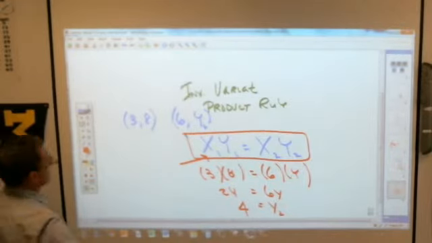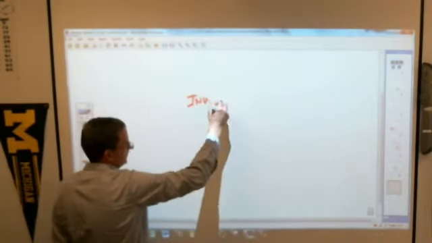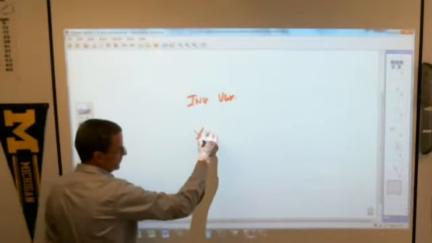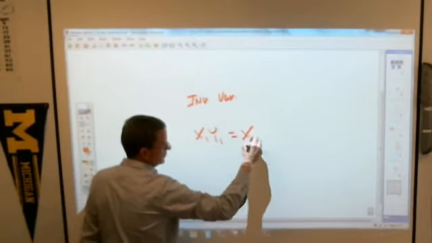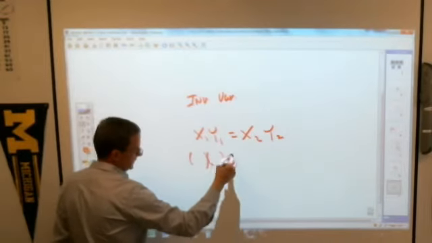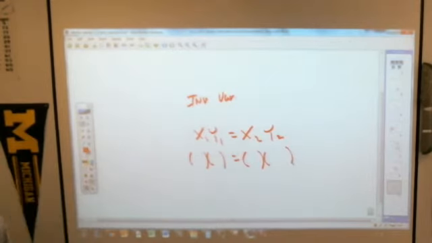If you're doing that, the first thing you observe is that it is inverse variation. And you probably want to jot down the little rule that says x1 y1 equals x2 y2. And then you need to plug in the numbers that they give you, because it's not always going to be nice and clean like we see.